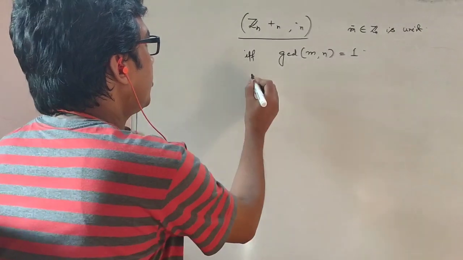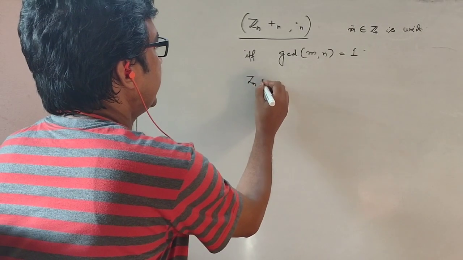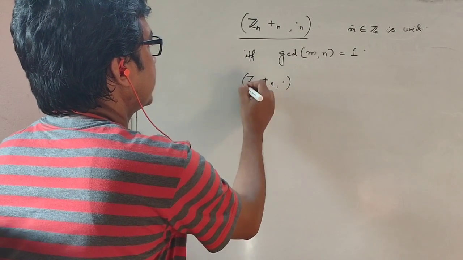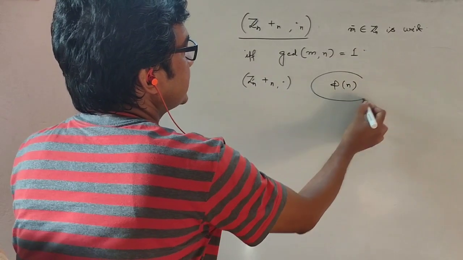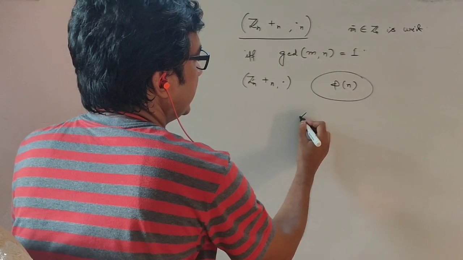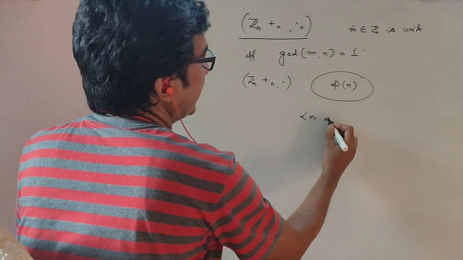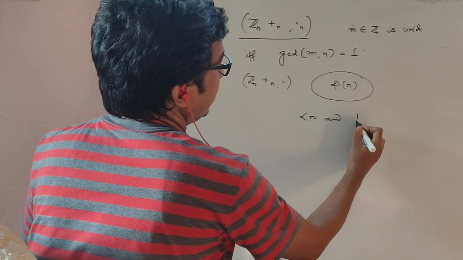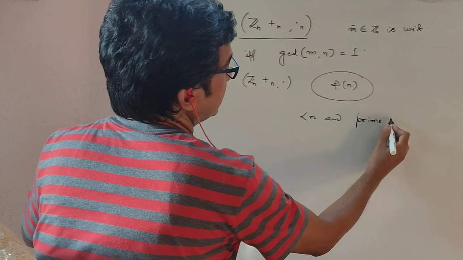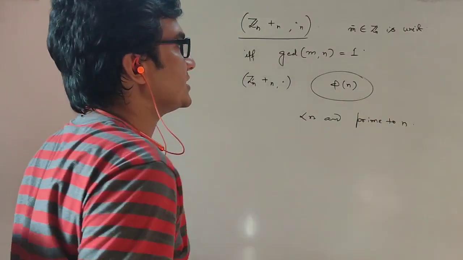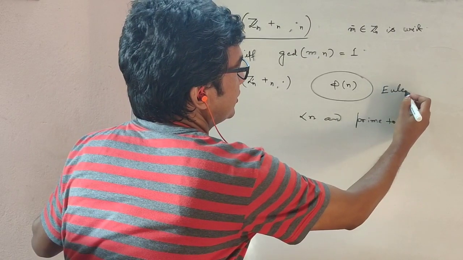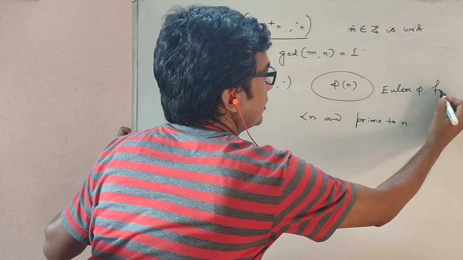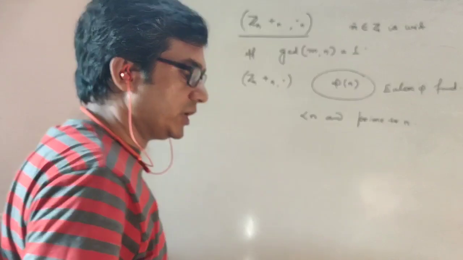So the number of units in Zn, plus n, dot, is given by phi of n, that is the number of integers less than n and prime to n. This is the Euler phi concept.